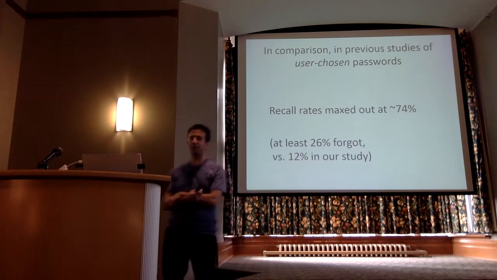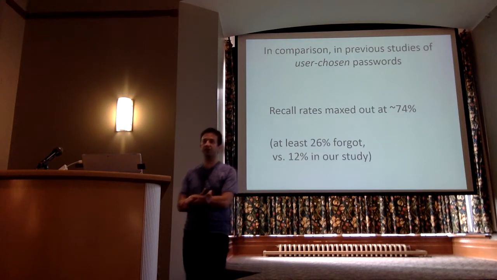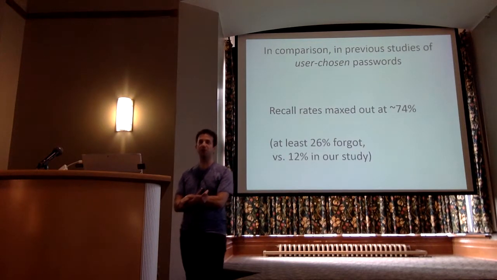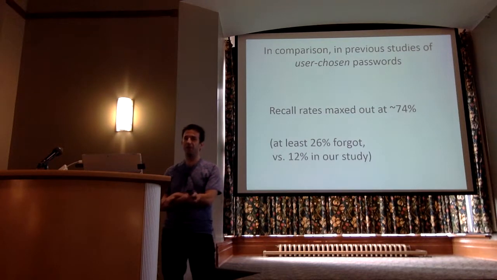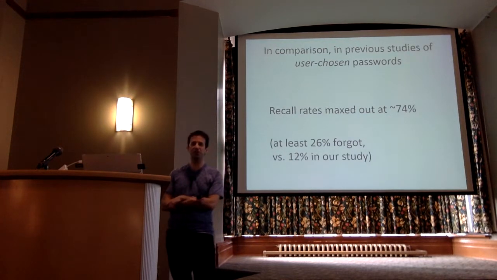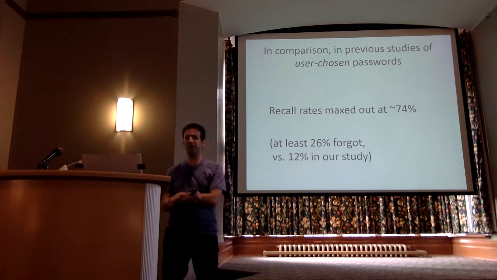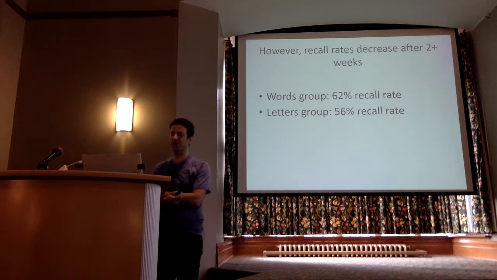If they've had a couple of weeks of repetition, they're forgetting 12% of the time. So this isn't even necessarily worse than user-chosen passwords. We have this myth that people can actually remember things if they get to choose it. The reason they mostly remember things when they get to choose it is that they get to choose something they're already using, which is ill-advised for any of these situations where you actually care about security.